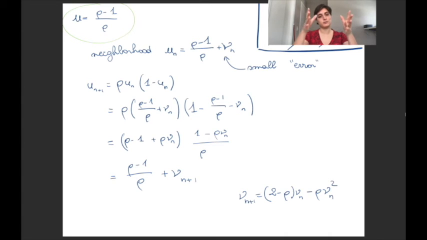And we want to find that un plus 1 is equal to the equilibrium plus a new error. What is the value of nu n plus 1 in order for all of this to work out? Then we have nu n plus 1 equal to 2 minus rho multiplied by nu n, our previous small error, minus rho nu n squared.